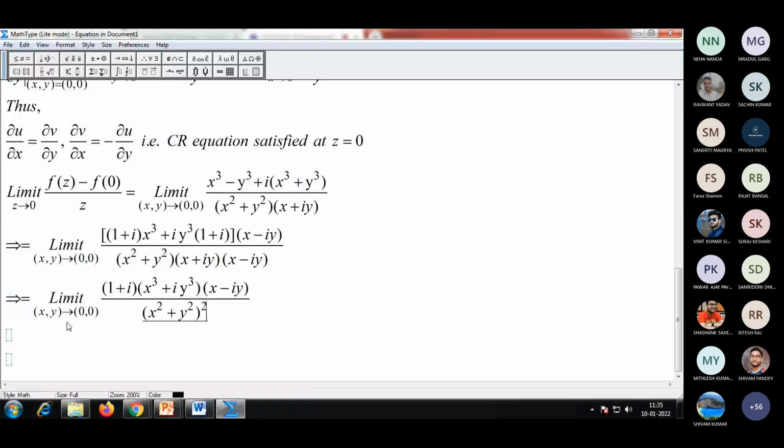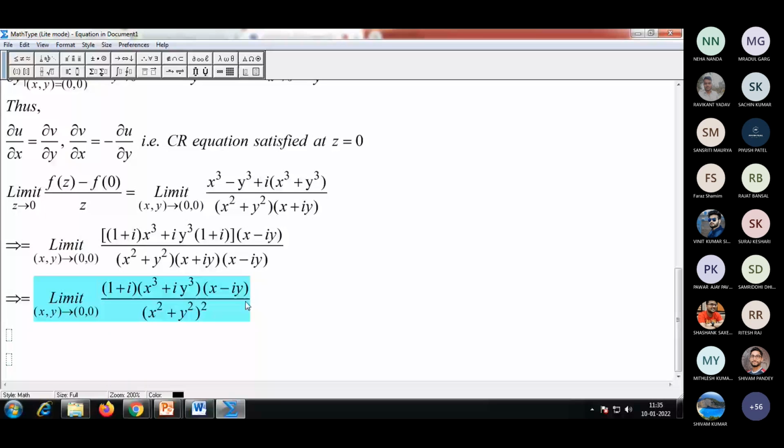Yes, please. Will anyone help me? How to proceed? Sir, put y equal to mx, then check whether it depends on the value of m or not. Yes, this limit will exist only when it is not going to depend on the path.